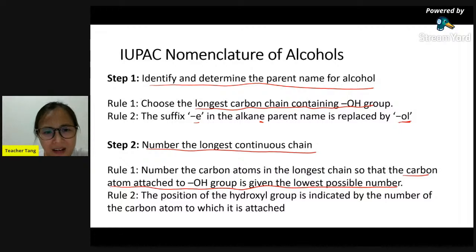So again, after identifying the parent, when we number the longest continuous carbon chain, make sure the carbon attached to the hydroxyl group has the lowest possible number. And we must indicate the position of the hydroxyl group, attached to which carbon on the parent chain.